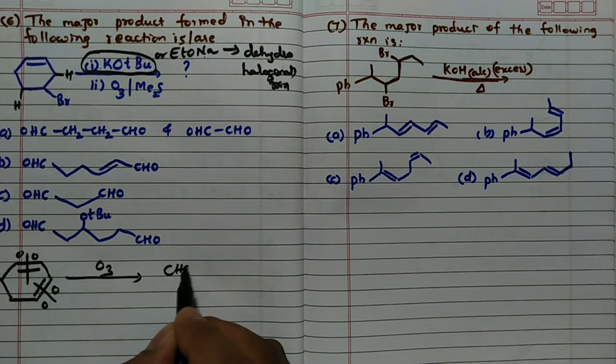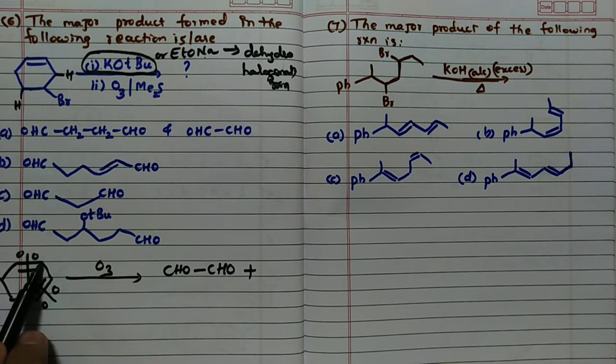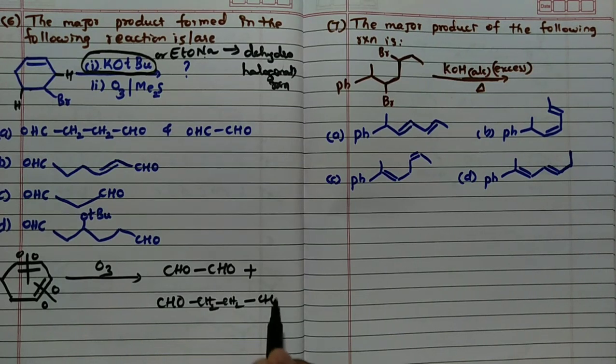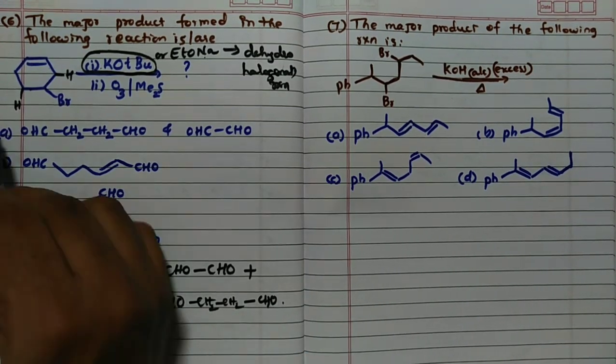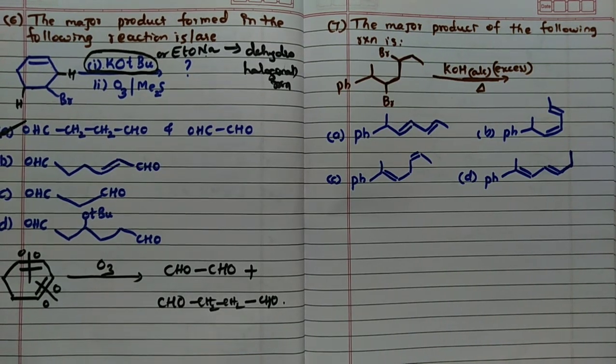So you are going to get CHO bond CHO plus this one, CHO bond CHO. It is CH2 CH2, CH2 CH2, and this is once again CHO. Hence the answer for this particular question is A. It's a very simple question.